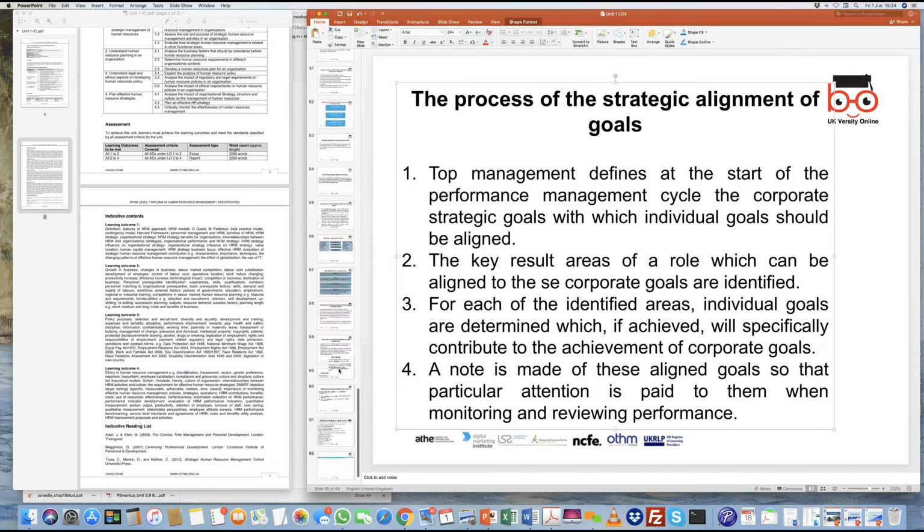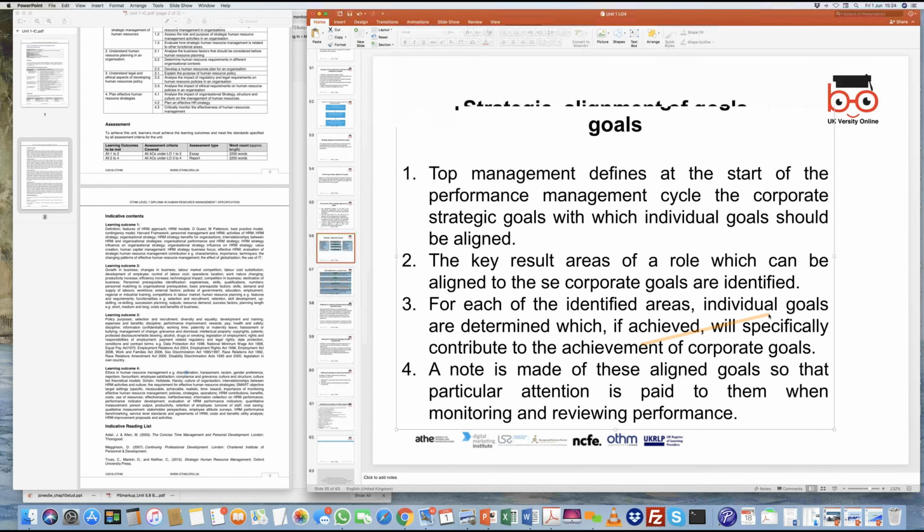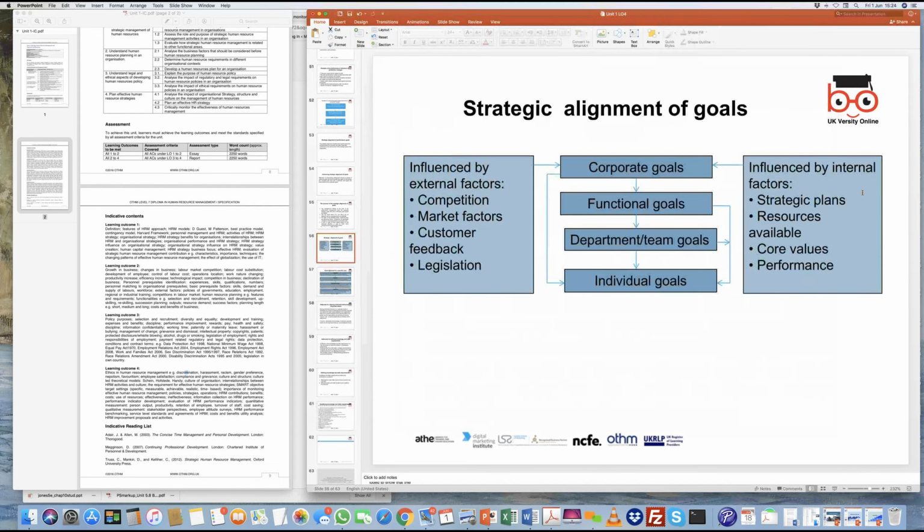Now, if I look at this just generally on a slide, and we look at alignment of goals, we have different types of goals with HR and within the organization. Sometimes you look at corporate goals, there are functional goals, team goals, departmental goals, and individual goals. Now, each of these goals requires a different type of strategy. So when you look at HR strategy, what you will see is that all these strategies are a part of the corporate strategy.